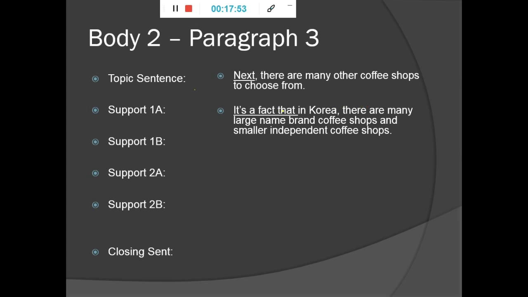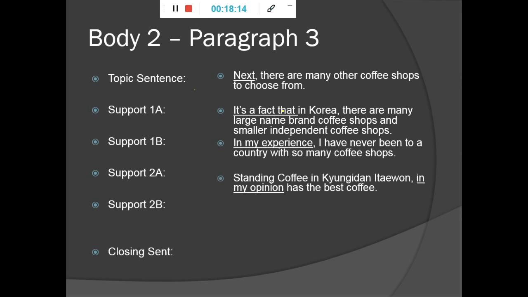So that is one form of support. Okay, and support 1B: in my experience, I have never been to a country with so many coffee shops. So in Korea, there are many coffee shops compared to other countries.